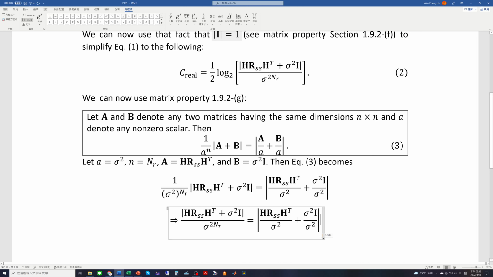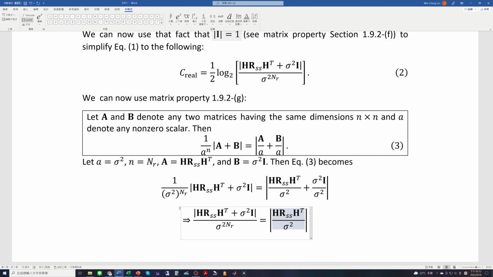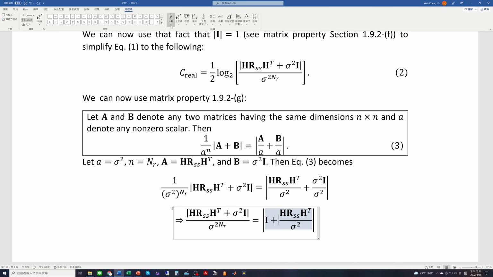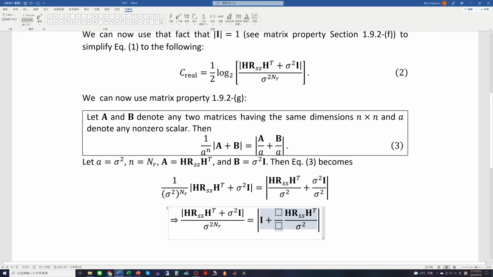And this is equal to this equation. We can see that the sigma square and sigma square can be cancelled, and the remaining term is I. We can move the term I into the first term, and the plus sigma square we can move in front of the matrix.